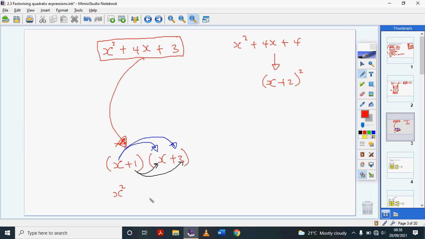This will be x squared plus 3x plus x plus 1 times 3 is 3, which is x squared plus 4x plus 3. So the question is, how do I jump from here to here?